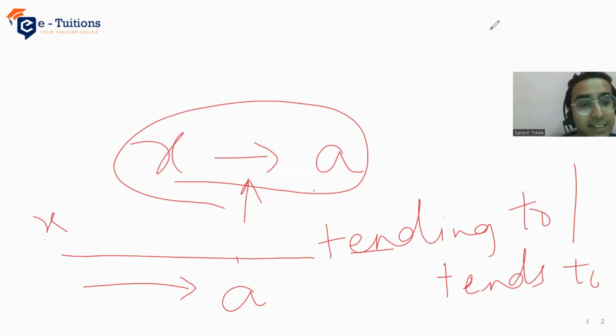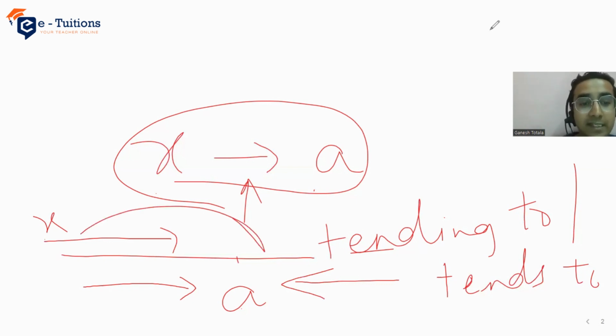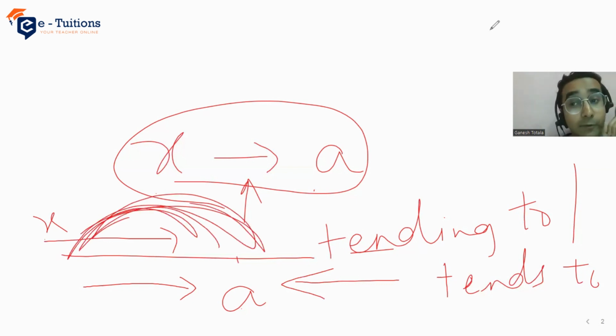Either x is tending from the left hand side, or from the right hand side, or it's oscillating. We are not giving the direction of x, whether it's coming from left, from right, or just oscillating.